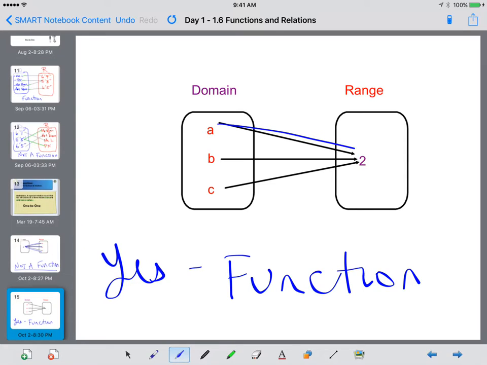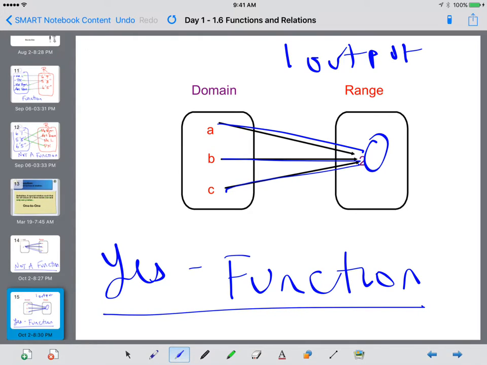This A has one output, the B has one output, and C has one output. Each value in the domain has only one output, only one value in the range. It's okay that it's the same. It has only one output. So yes, this would be a function.